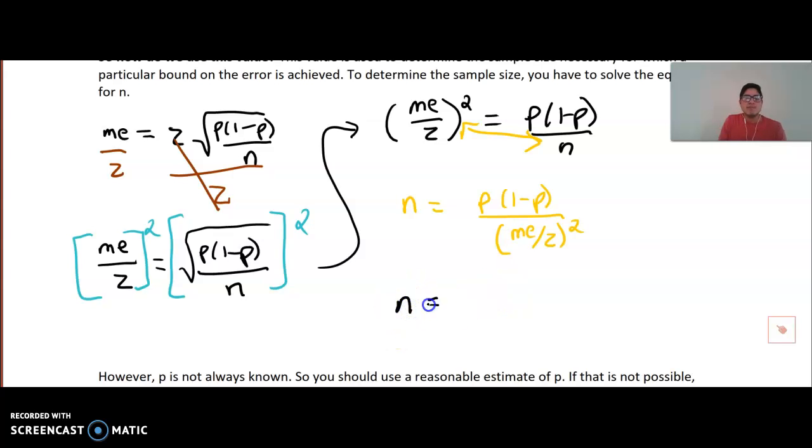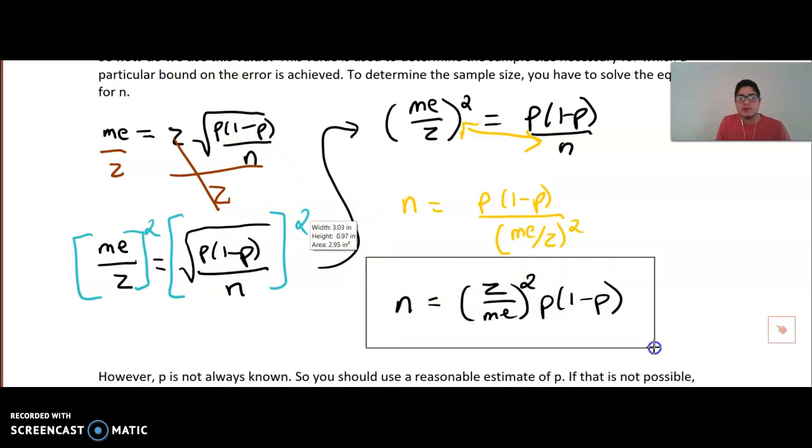So we can find the sample size needed for a better, more precise margin of error by doing z divided by the margin of error, squared, times p times 1 minus p. This formula here will give us the sample size.